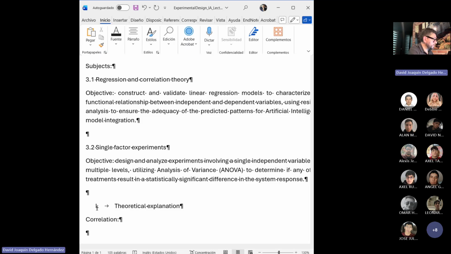A correlation measures the strength and direction of the relationship between two variables.